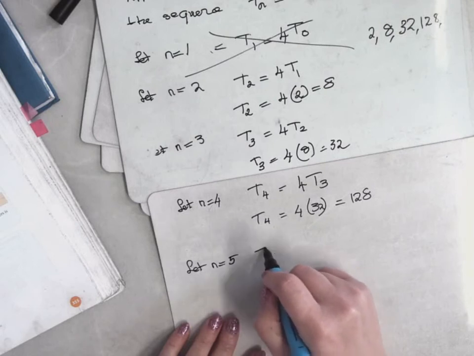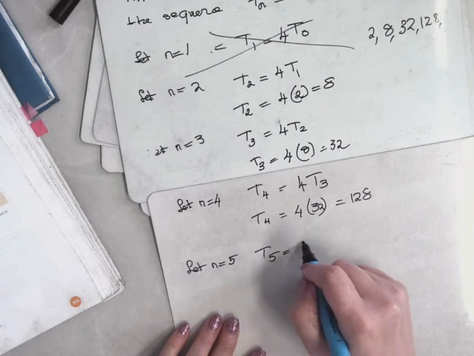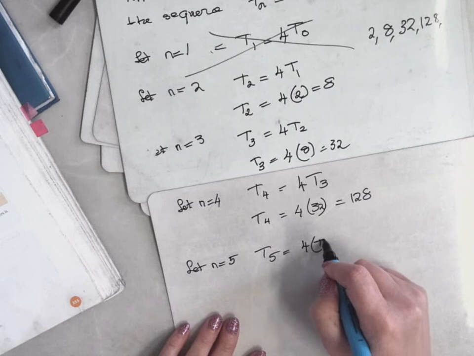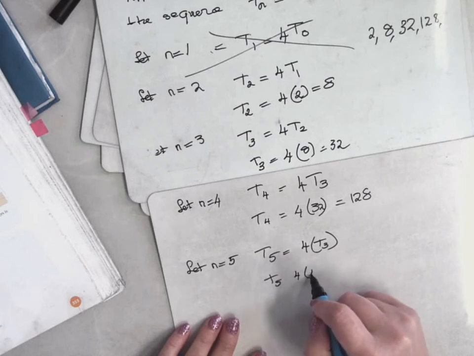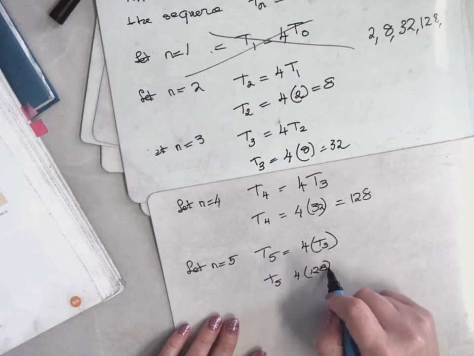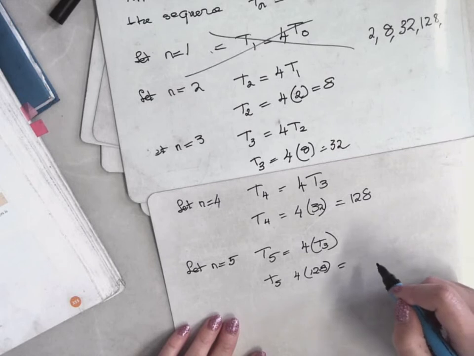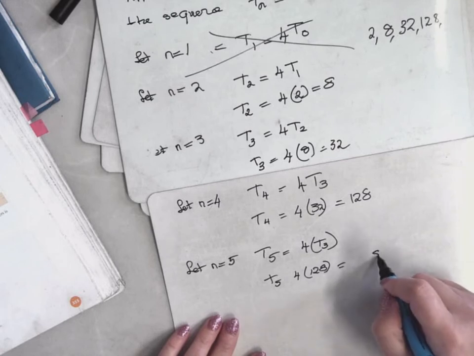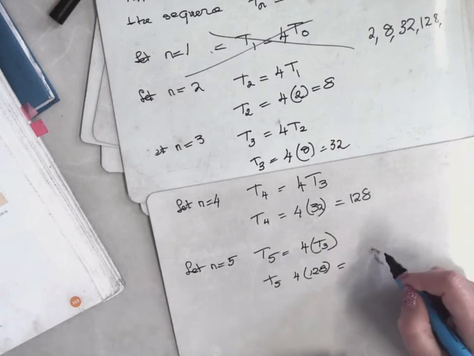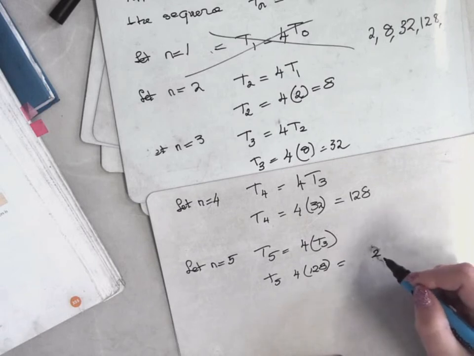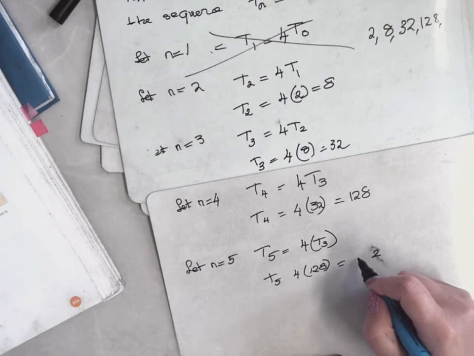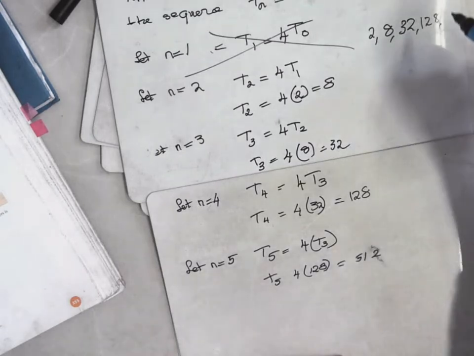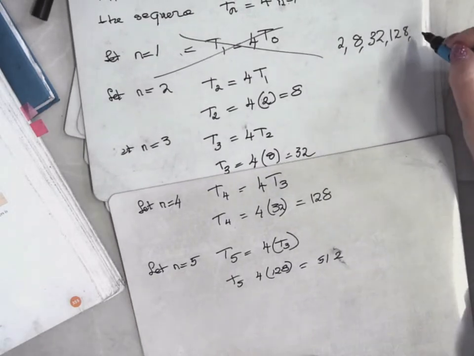So term number 5 is equal to 4 times term number 4. So term number 5 is equal to 4 times 128, which is 512. So the next one is 512.